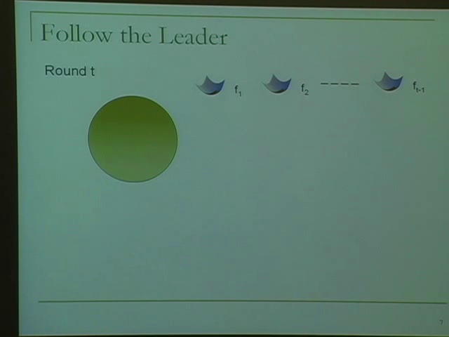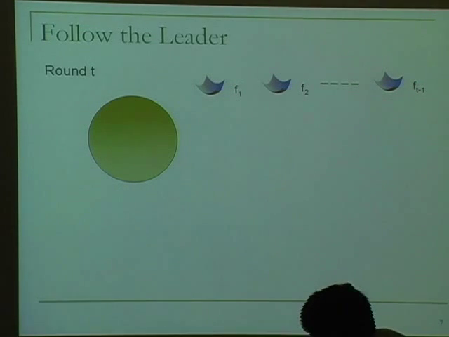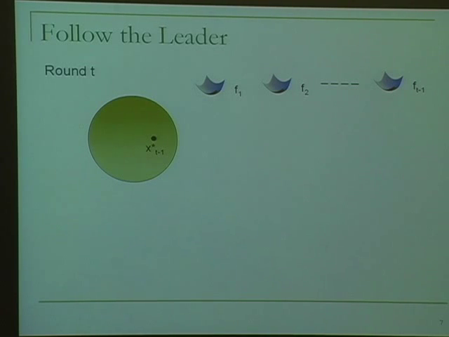So a general paradigm, or class of algorithms, that works pretty well for regret minimization is called follow the leader. In follow the leader, you look at f_1, f_2 up to f_{t-1}. At this point, you have to play x_t. You've seen the t minus 1 days, and you play the next point. What you do is compute x star_{t-1}, which is just the minima of the sum of those functions, the optimum in hindsight for this section.